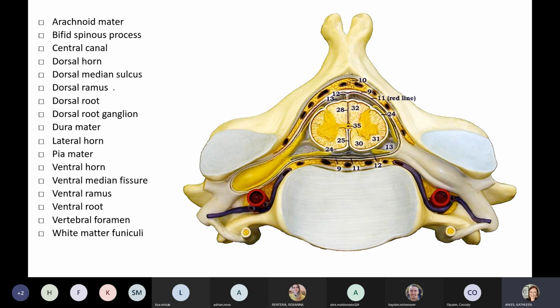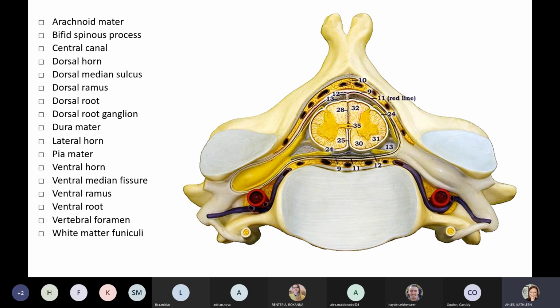My only model that really shows those things is this one that we're looking at here. This model shows me the spinal cord inside a vertebra, and we're going to talk all about vertebra bone markings toward the end of our class today. But this particular vertebra, I'm going to type in the chat, it's called a cervical vertebra.